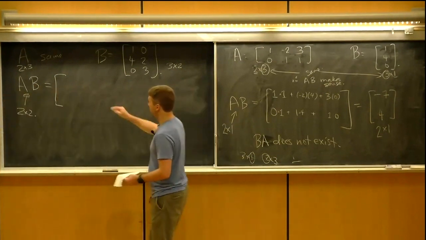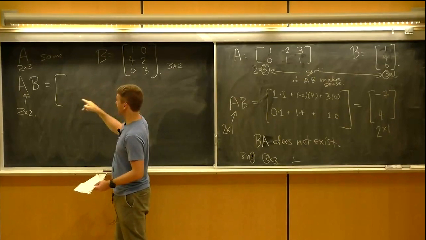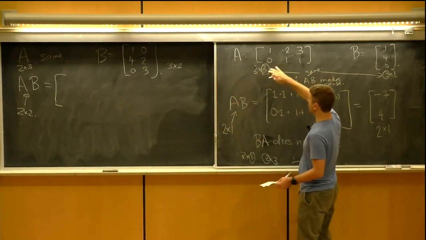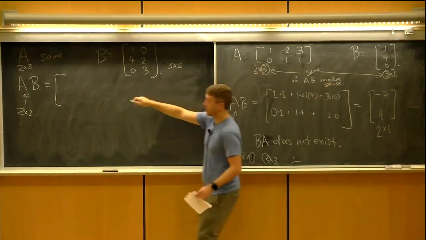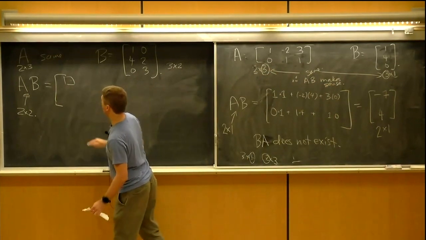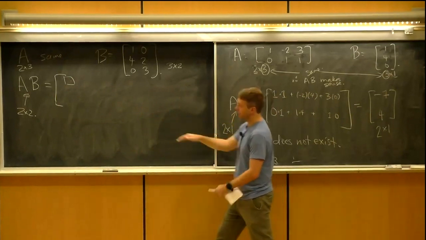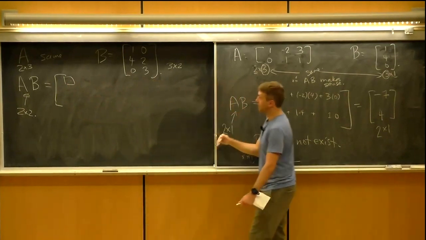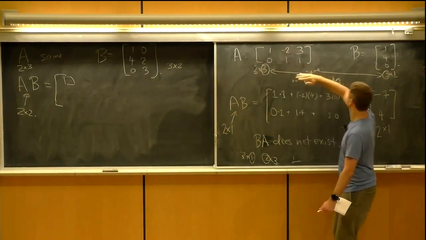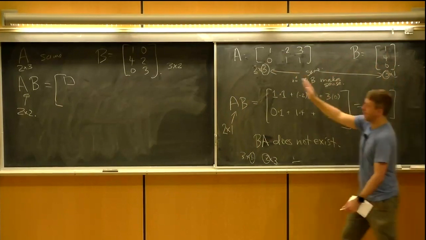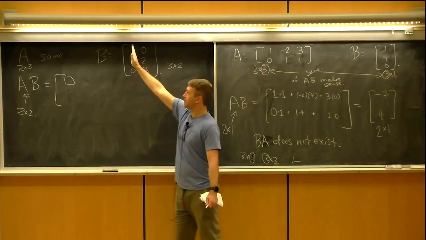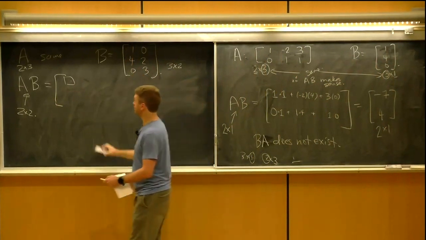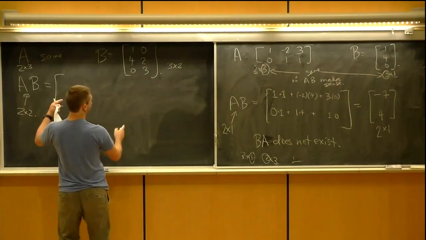Okay, so now I want 4 different numbers here, right? It's going to be a 2 by 2 matrix. If you think about it, my top left entry, the first row, first column of A times B, you take the first row of A and do this multiplication and adding thing with the first column of B. But that's something we've actually computed twice now.